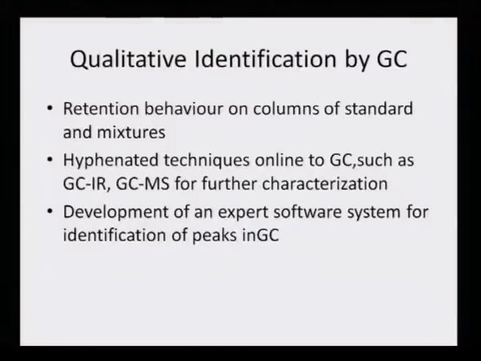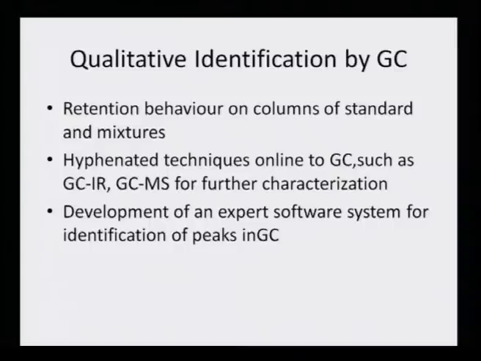Qualitative identification by GC. All the eco parameters that I mentioned, particularly the pesticides, the formaldehydes, the PCBs and the other azo compounds can be identified through GC. Retention behavior on column of standards and mixtures. Hyphenated techniques online to GC such as GC-IR or GC-MS for further characterization.